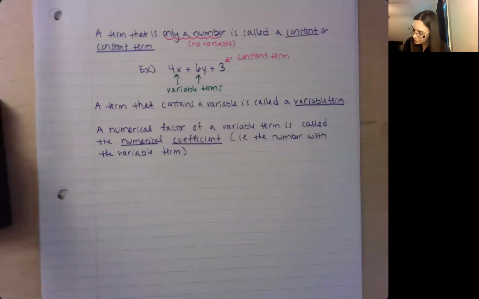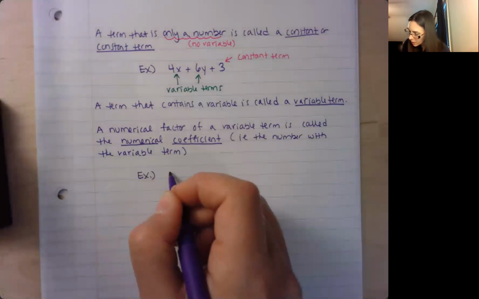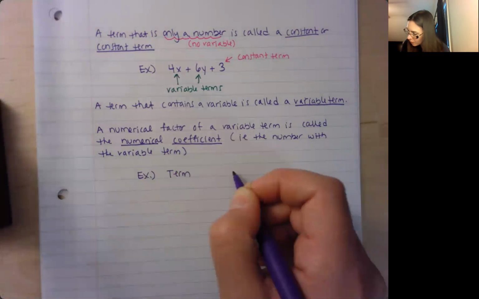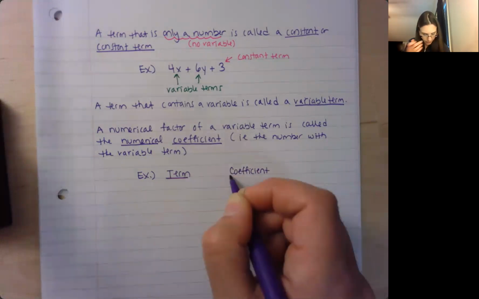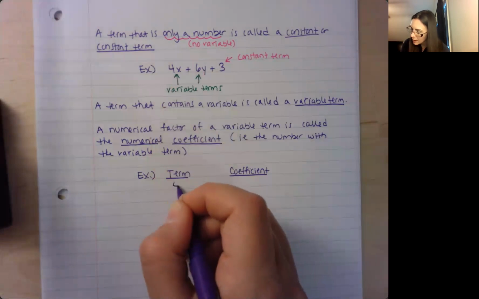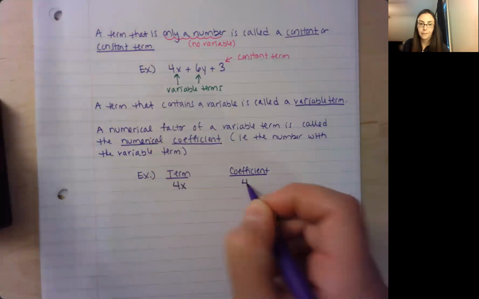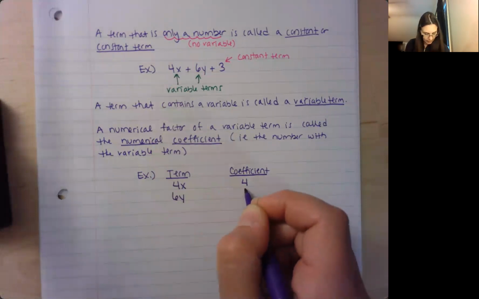So for example, let's say this is the term, and we're looking for the coefficient or numerical coefficient. Usually we just say coefficient. Okay. So for instance, up here, if my example was 4x, then the coefficient is just 4. If it was 6y, the coefficient is just 6.